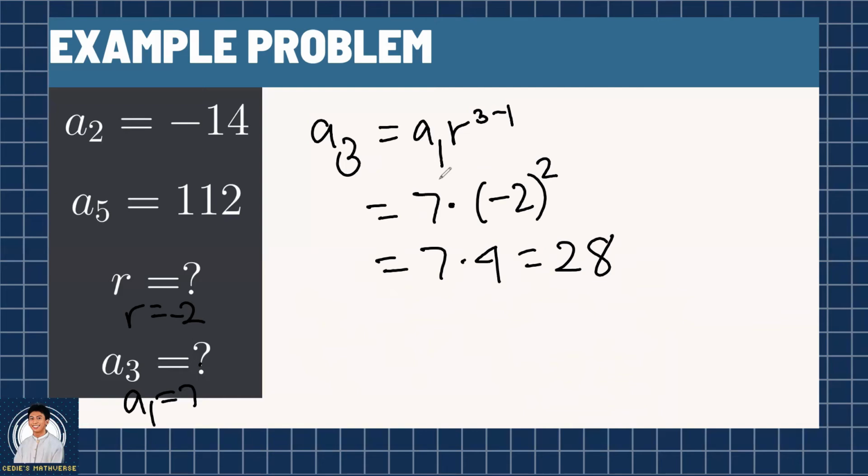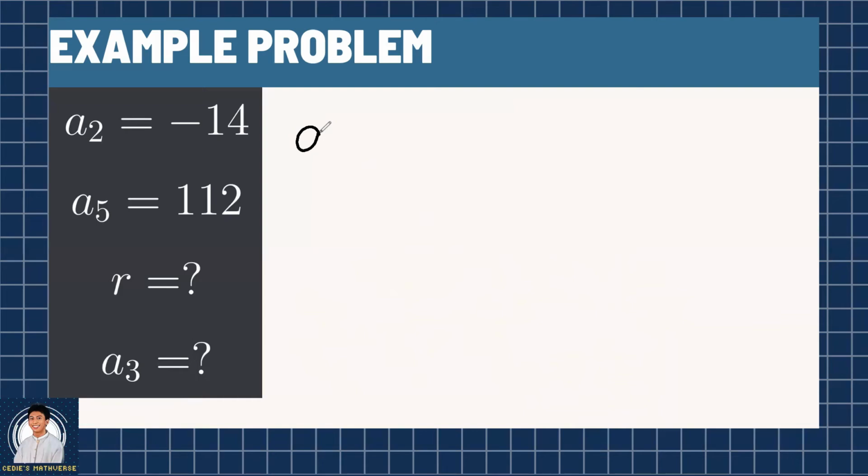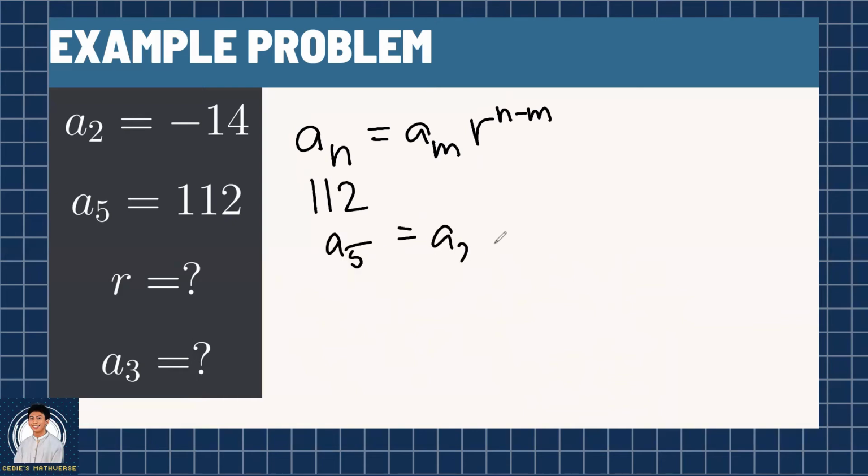But how about using the generalized formula? A sub n is equal to a sub m multiplied by r raised to quantity n minus m. 112 or a sub 5 is equal to a sub 2 r. 5 minus 2 is 3, so r cubed. 112 equals negative 14 r cubed.